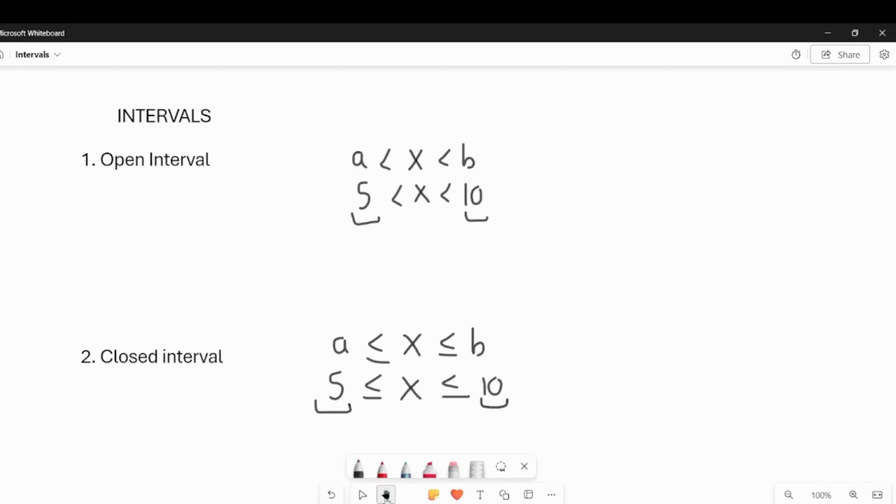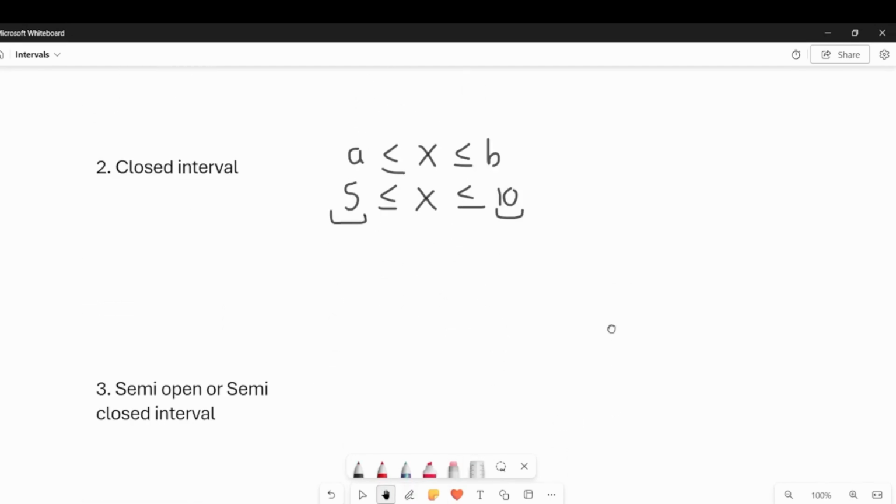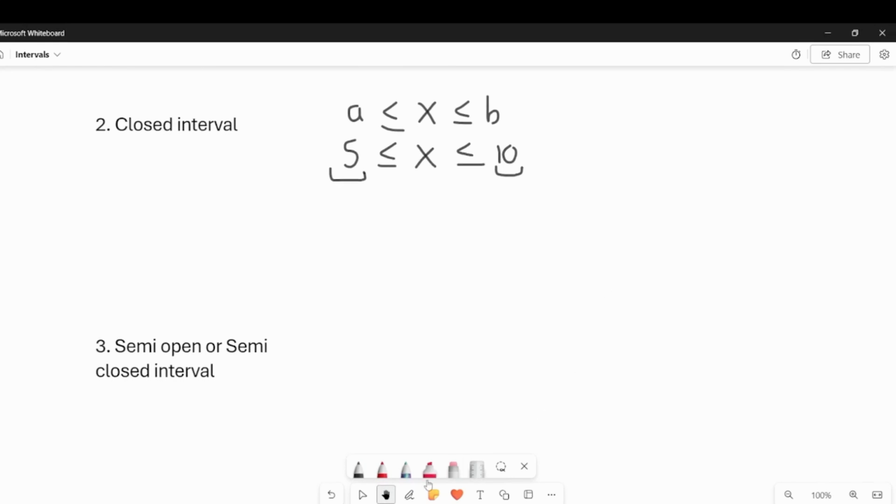Now let's see the last type here, that is semi-open or semi-closed interval. In this type of interval, one end is open and the other end is closed. Let's say x is any number where x is greater than a and less than or equal to b. You can clearly see here that this end is open and this end is closed.